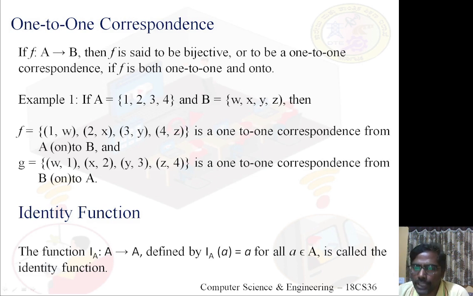So when we look at function g, all the elements of its codomain A, elements 1, 2, 3, 4 all appeared as an image. So the function g is onto. Since function g is both 1 to 1 and onto, we call it a 1 to 1 correspondence. So now hope all of you are clear with what is 1 to 1 correspondence.